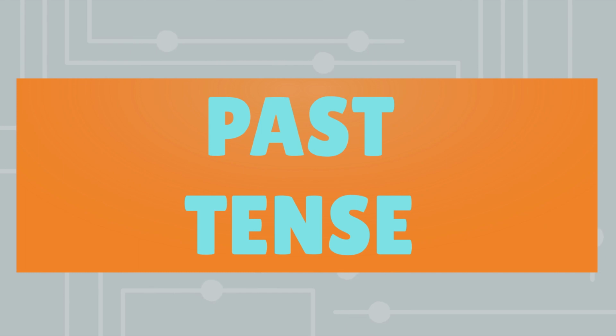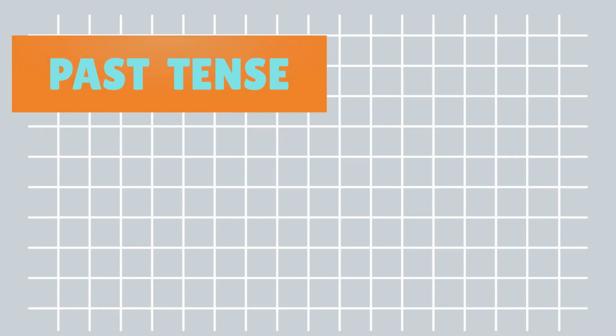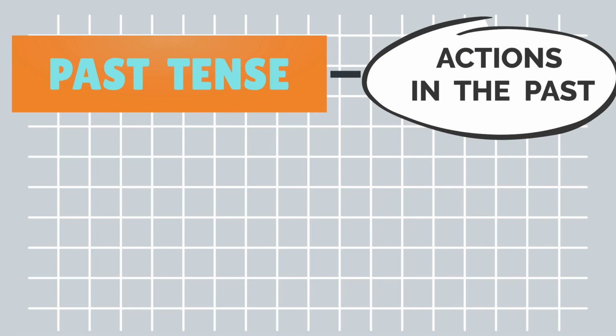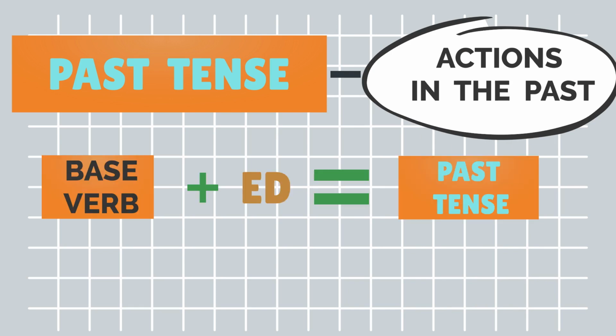Past tense. The past tense is the form of a verb that expresses actions in the past. To form a verb in the past tense, we usually add ed to the base verb.